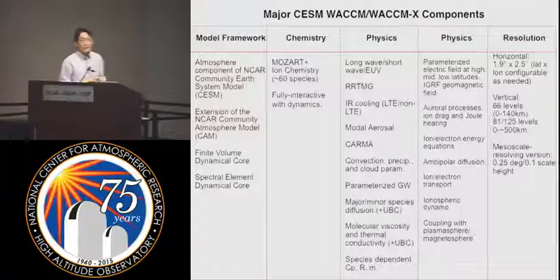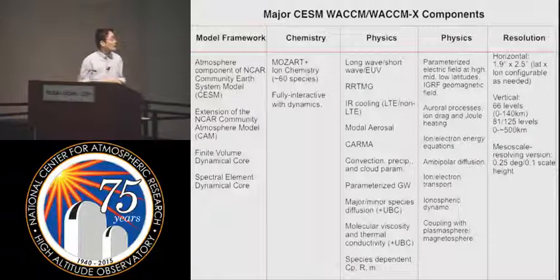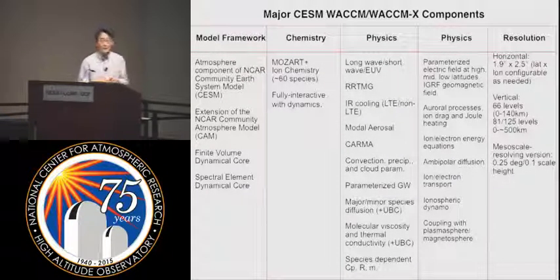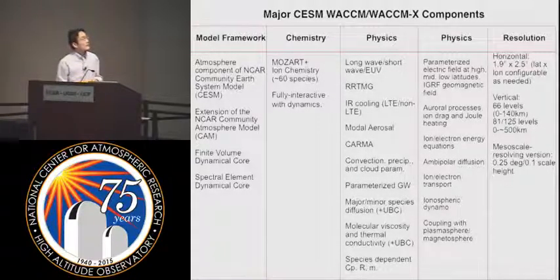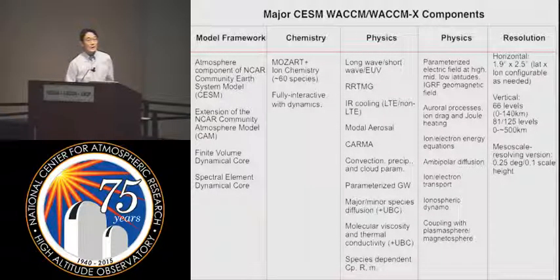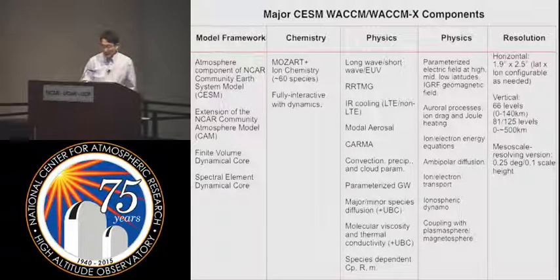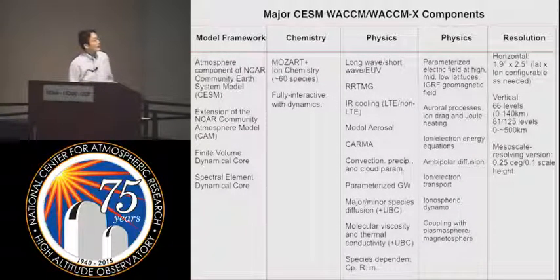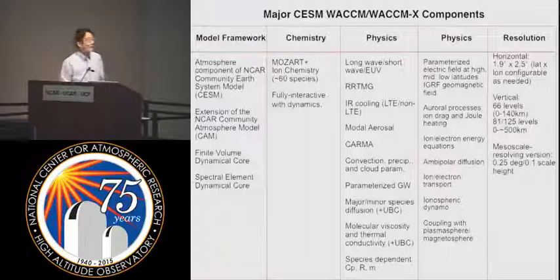For the dynamical core, for WACOM, we usually use the finite volume dycore, and we're experimenting with the new spectral element core. And chemistry, there's a full package of MOZART chemistry, including ion chemistry, and it's fully interactive with the dynamics. And the physics, we've considered the full spectrum from EUV to IR, and their photolysis and the radiative transfer, and various parameterizations capture the middle and lower atmosphere processes.